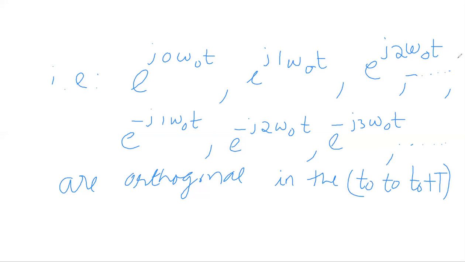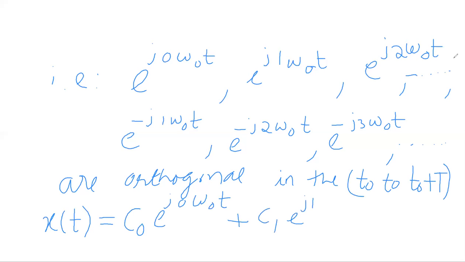That is, any signal x of t can be approximated using these complex exponential signals with coefficients like c0 e to the power j 0 omega 0 t plus c1 e to the power j 1 omega 0 t plus c2 e to the power j 2 omega 0 t, and so on.